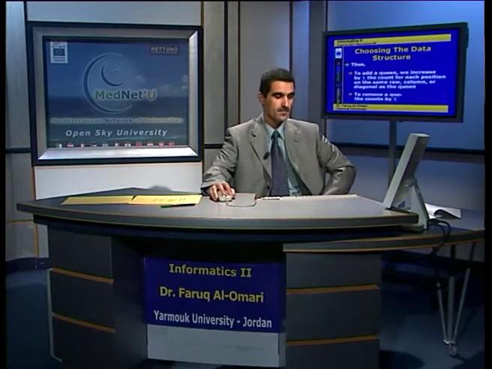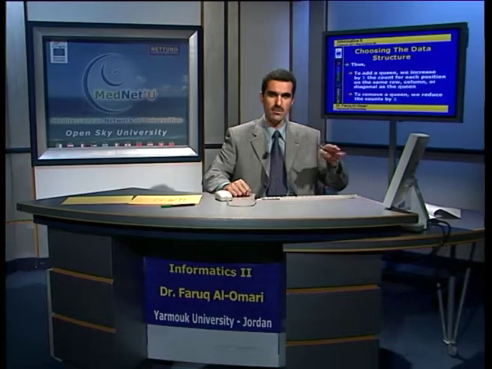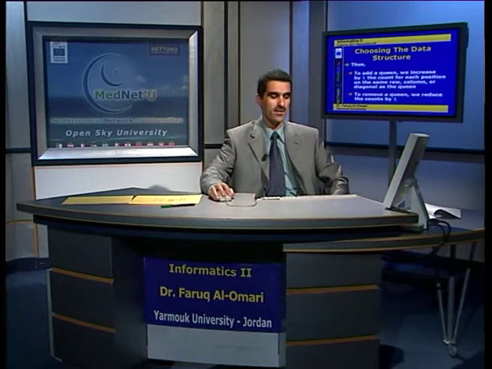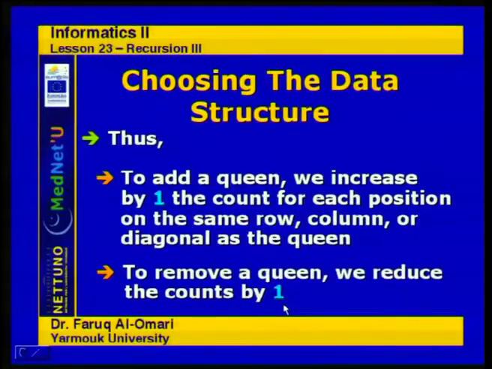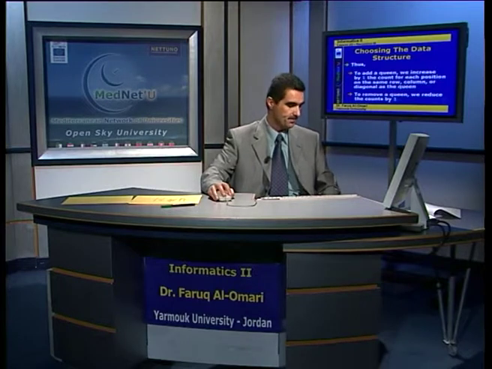To remove a queen, if I backtrack and decide to remove that queen, that means I'm going to go to all positions along the row, the column, and the main diagonals, and decrease the count in there by 1, simply because it's not guarded anymore by this queen, since it has been removed. Okay?